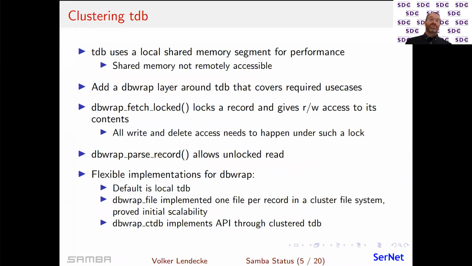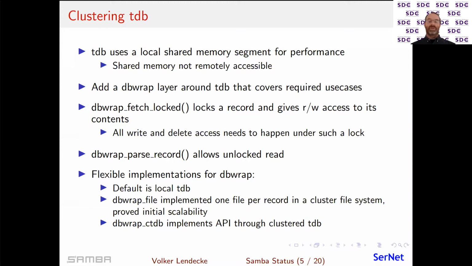Okay, the first real extension that I would like to talk about, reflected in Samba's use of TDB, was driven by the need to cluster TDB. What does that mean? TDB uses a local shared memory segment because it's fast. However, shared memory is of course not remotely accessible, not in general.